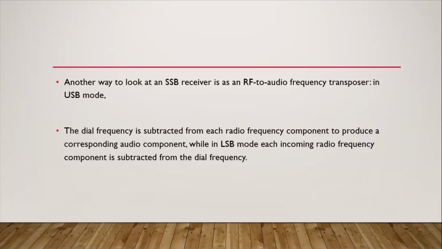In upper sideband mode, the dial frequency is subtracted from each radio frequency component to produce a corresponding audio component, while in lower sideband mode, each incoming radio frequency component is subtracted from the dial frequency.